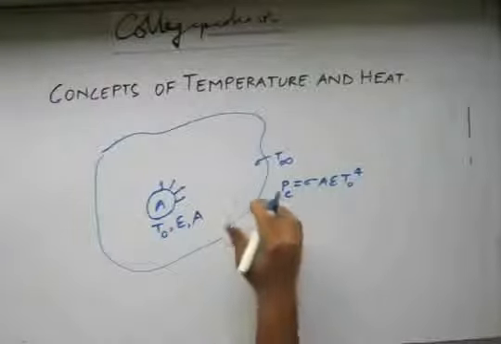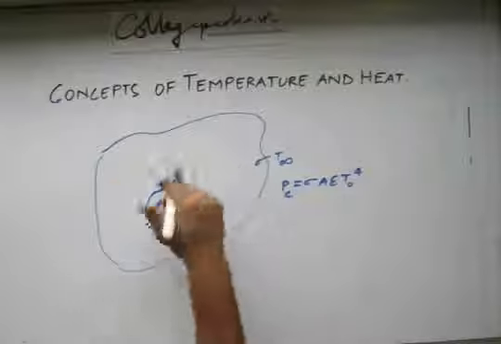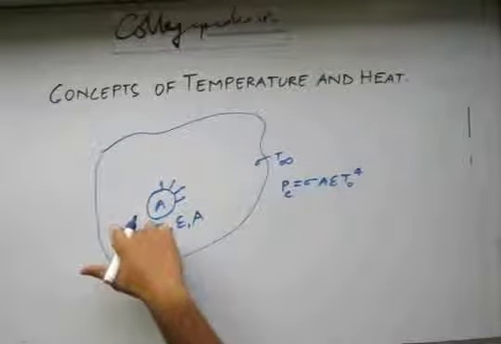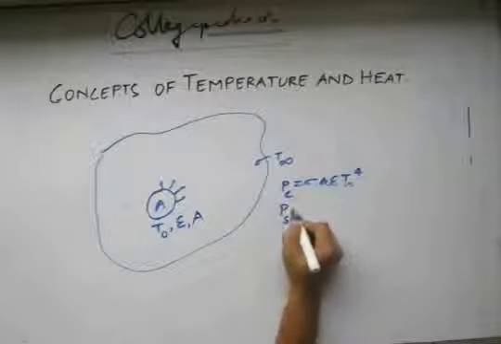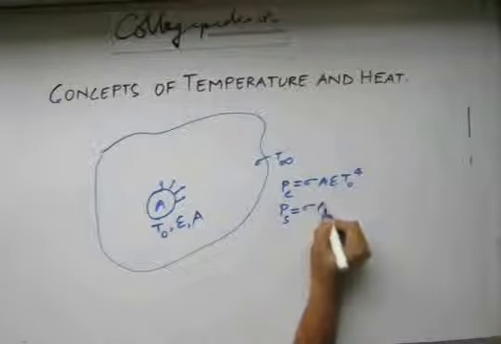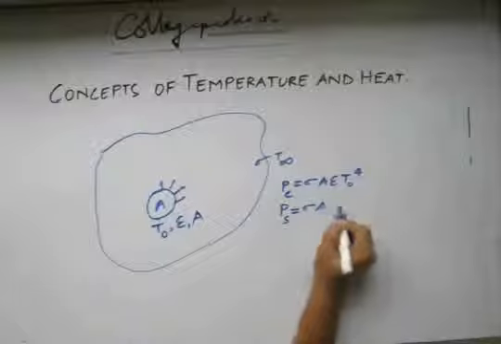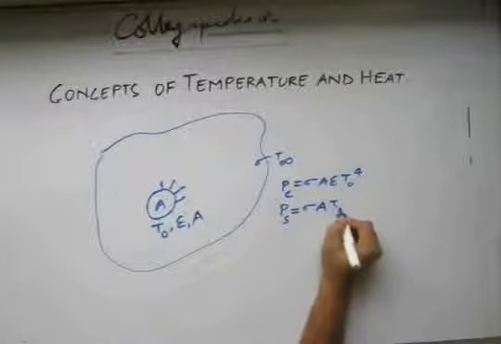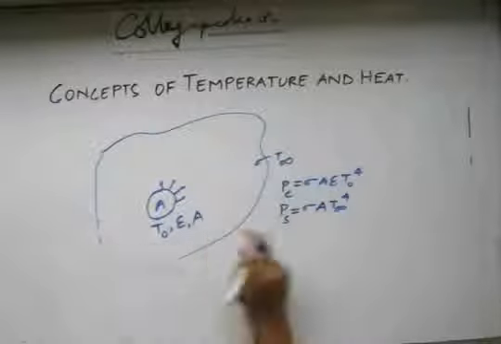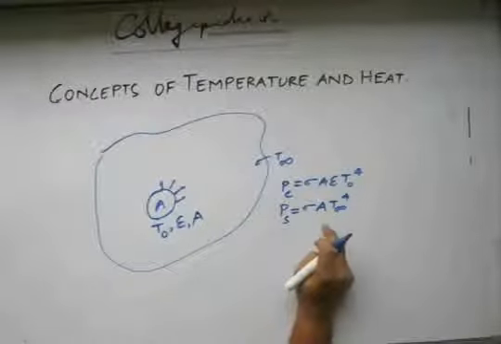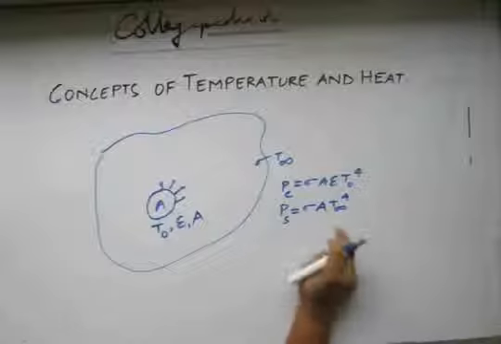The surroundings are going to impose a radiation heat exchange with this body in form of this formula. Say that is denoted by PS, and it is going to be sigma A T infinity to the power 4. Note that there is no epsilon involved in this expression, because we are talking about surroundings right now.